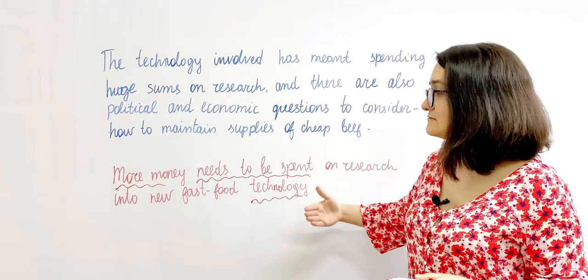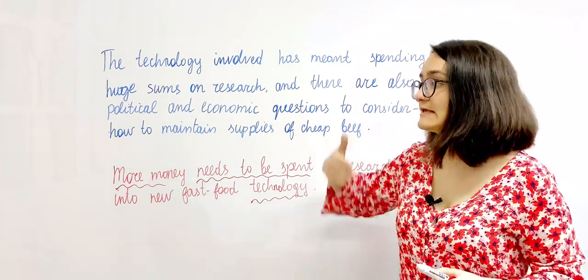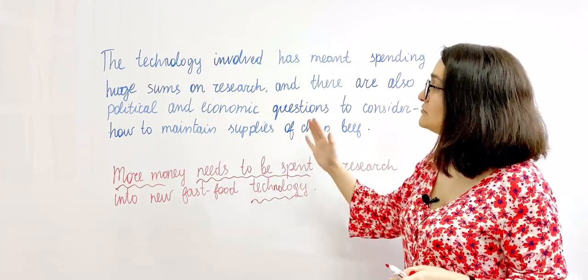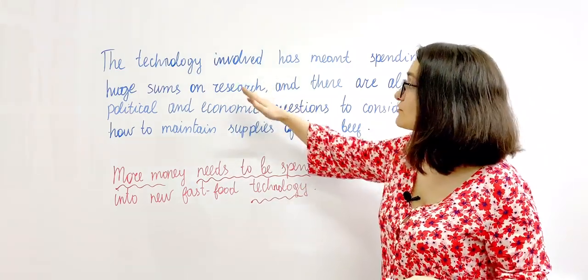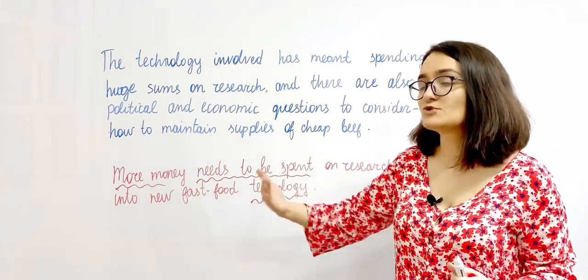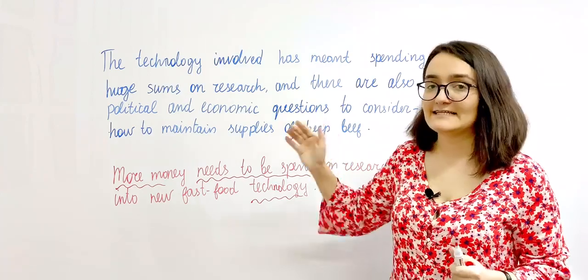After finding our keywords, we start to scan the passage, the same strategy, the same steps. Technology, research: you see, these keywords are given, so it means the answer is most probably in this sentence. Let's read the sentence.